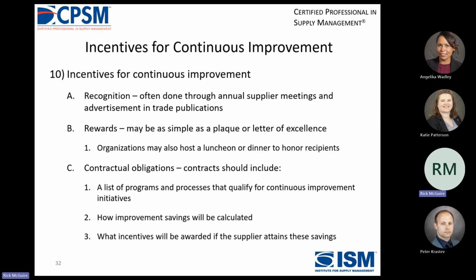Rewards, we do send out plaques and letters for SPM, but we also host a dinner for certain SPM attendees. But we also will go, and most of them are contractual obligation, or we'll hand out new business to suppliers that are giving us lots of good ideas.